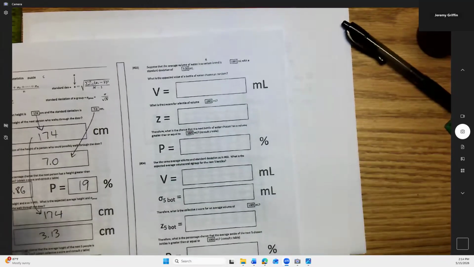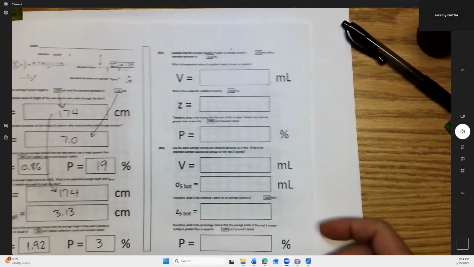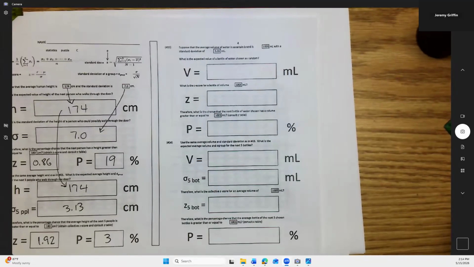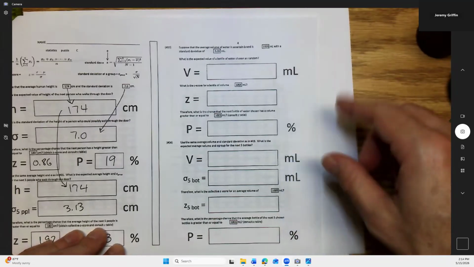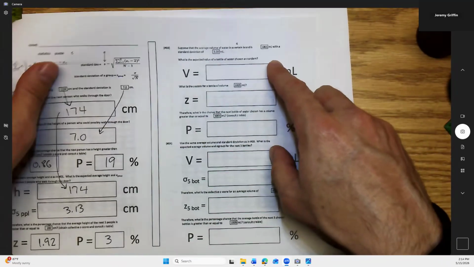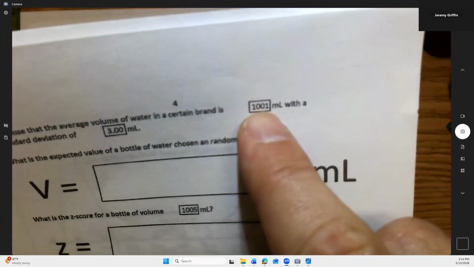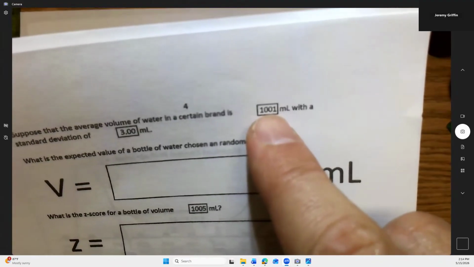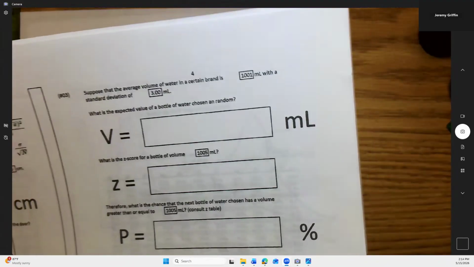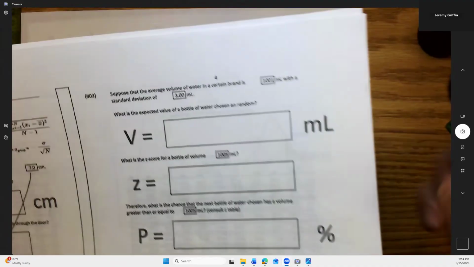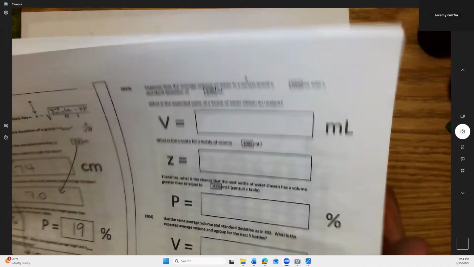And maybe you are a government agent, maybe some consumer protection agency or something, and you want to pull a bunch of bottles off the shelf and see is there truth in advertising. So maybe they're advertising 1 liter bottles, which would correspond to 1,000 milliliters. You say, I wonder if that's true.